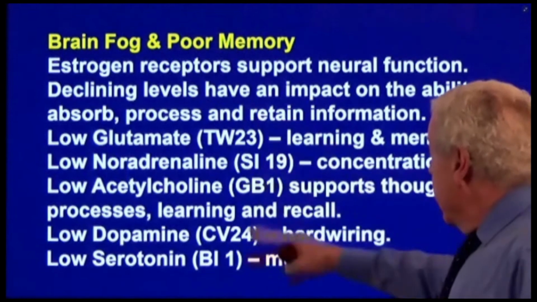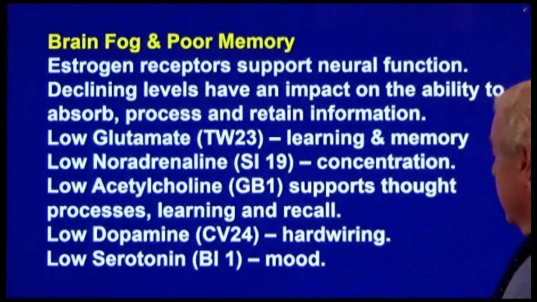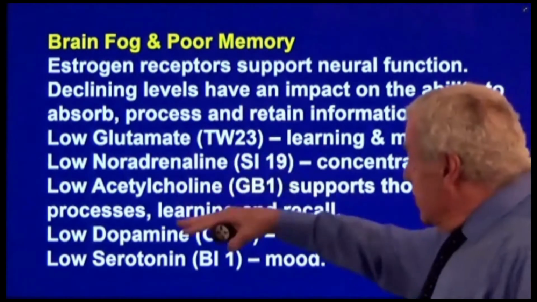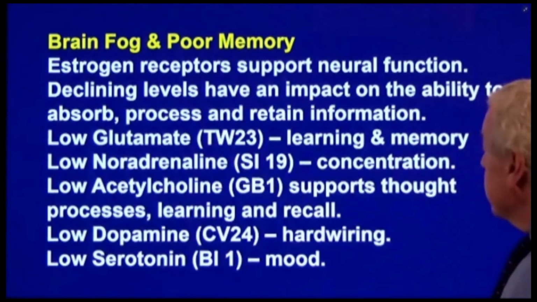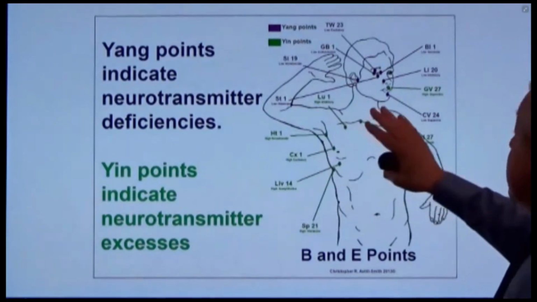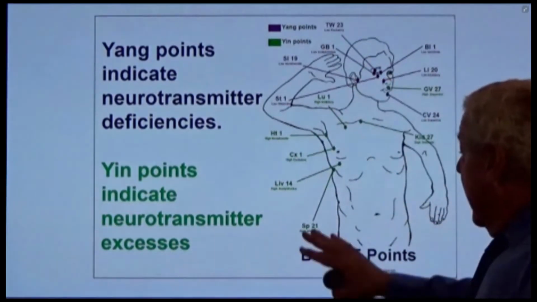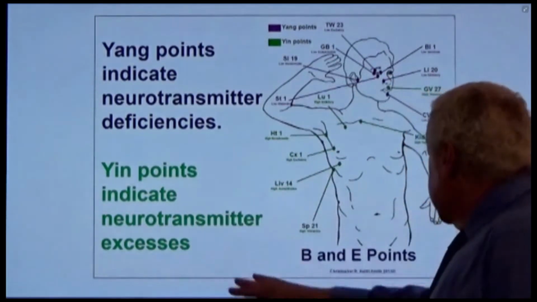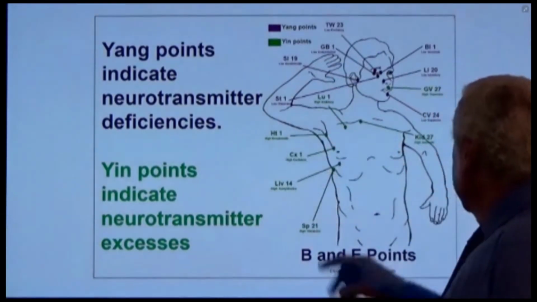These are all the beginning and ending points of the yang meridians, as we'll see, which are associated with low levels of these different neurotransmitters. So the yang points on the face indicate neurotransmitter deficiencies, and the yin points tend to indicate neurotransmitter excesses, which will begin or end on the trunk.